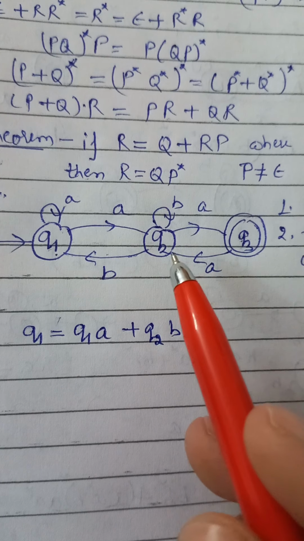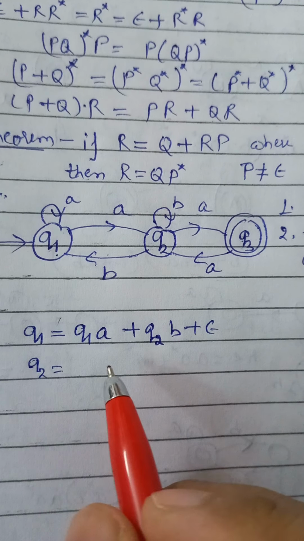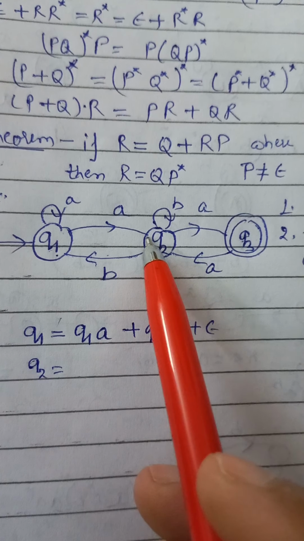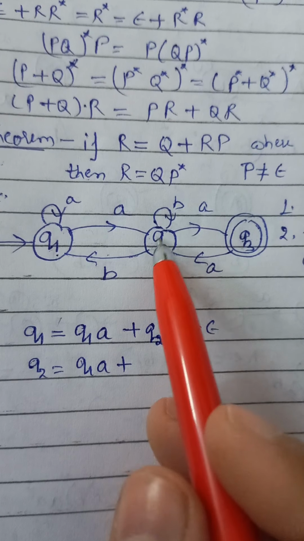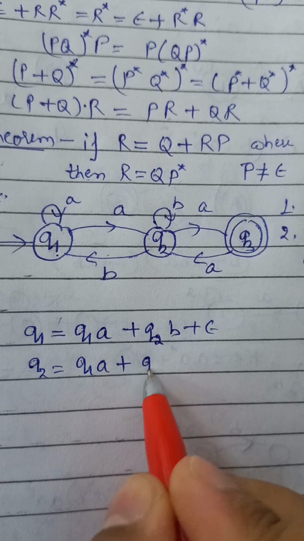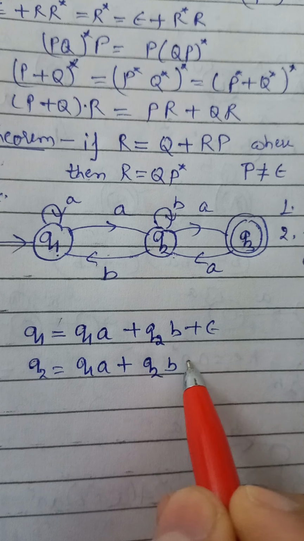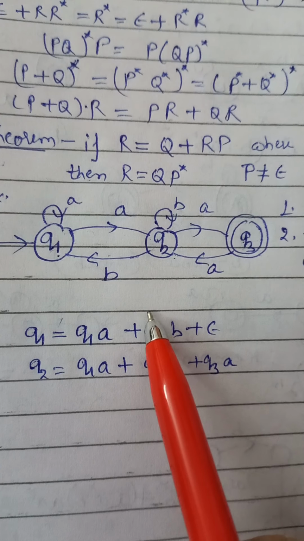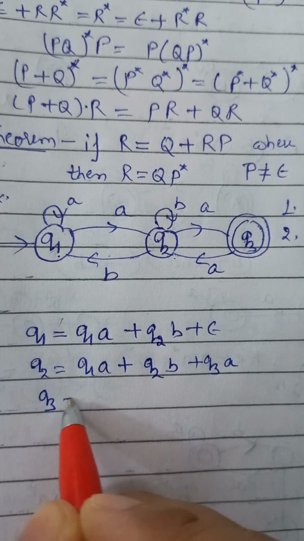So what will be the next equation according to the q2 state? Whatever is coming towards q2: q1a, q2b, or q3a. This is the equation for q1, this is the equation for q2, and next for q3.